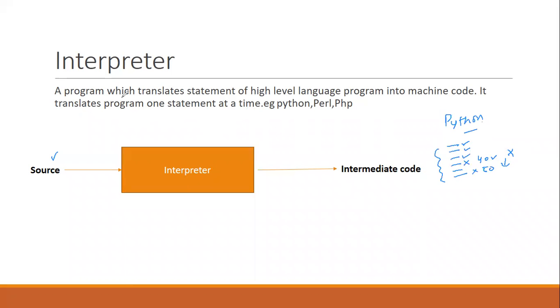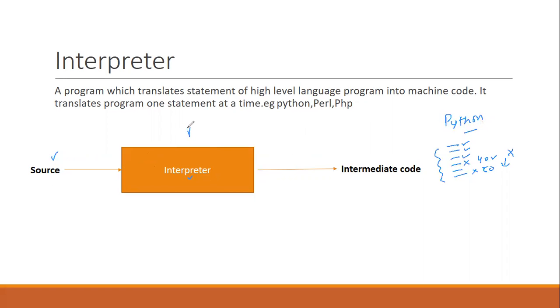Okay. So what is an interpreter? A program which translates the statements of the high level language program into machine code. It translates the program one statement at a time. So examples are Python, Perl, PHP. And in this diagram, this is your source code, and the source code will get executed by the interpreter at runtime.